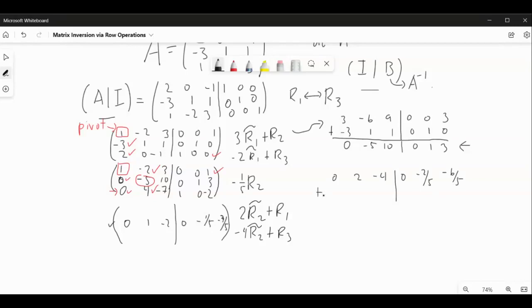And then I add that to the first row here, which is 1, minus 2, 3, 0, 0, 1, which will give us 1, 0, minus 1, 0, minus 2/5, minus 1/5. And so I replace the first row before with 1, 0, minus 1, 0, minus 2/5, and then minus 1/5.